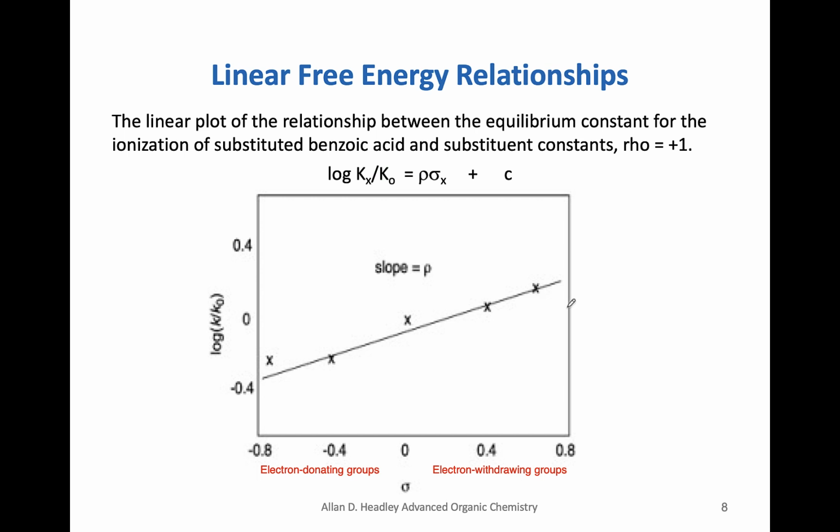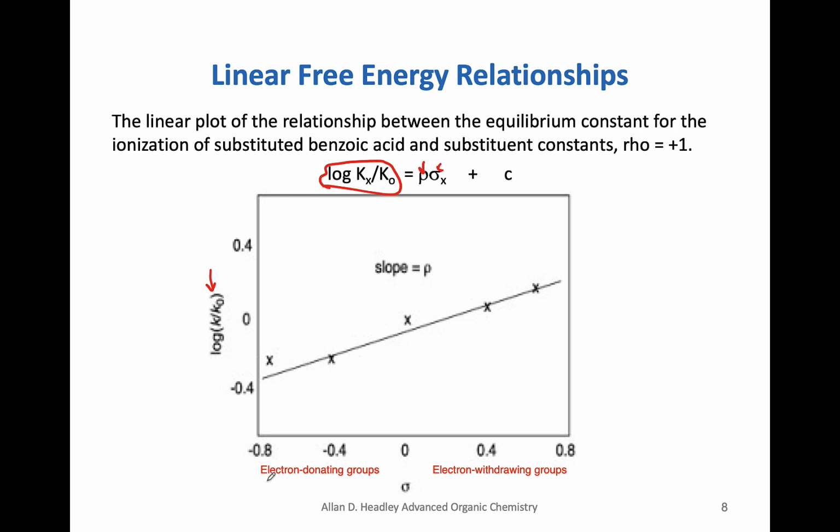So what that means is that he got a slope for this equation here. So this is right here, and here we have this slope 1 for benzoic acid, and here we have sigma for the constants here that are for the different substituted benzoic acid.